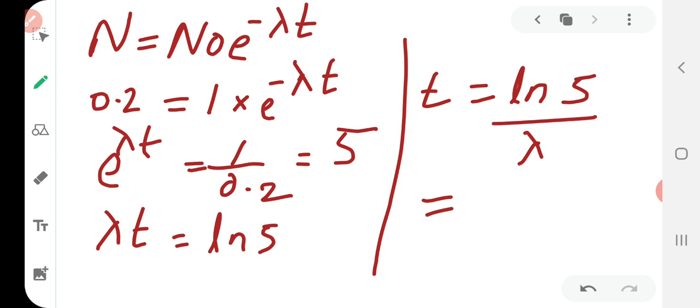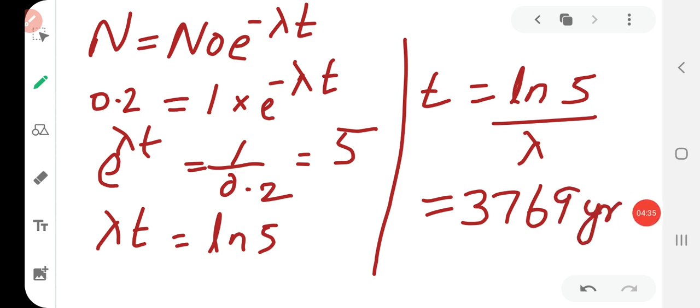And substituting the value of ln 5 and lambda we have found in the previous slide, it is 4.27 into 10 raised to minus 4 per year. So we get 3769 years. That is, 1 gram of radium disintegrates to 0.2 gram in 3769 years.